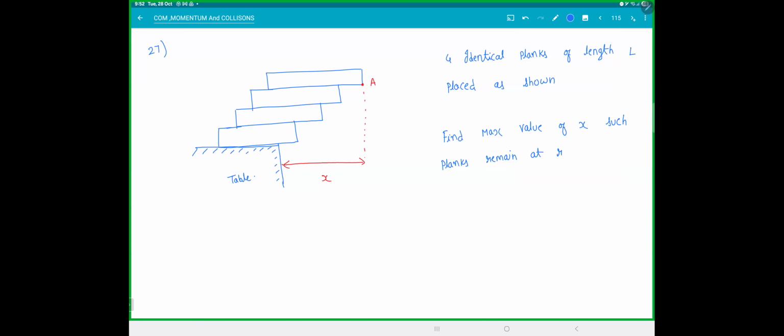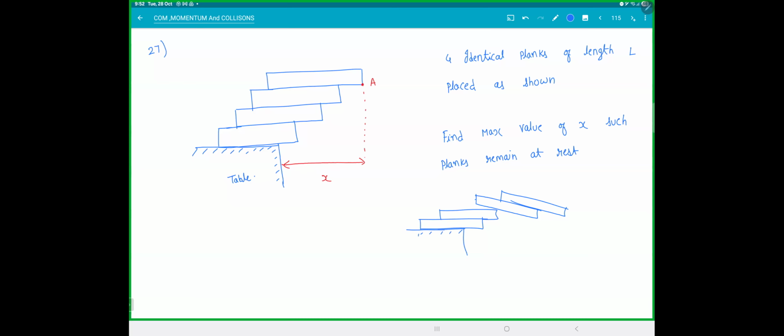So you have 4 planks of length L. You can arrange however you want, but I don't want any of them to fall. I don't want this to happen. If you don't put them properly, the planks will fall off like this, isn't it? We don't want that to happen. So what is the maximum distance of point A?